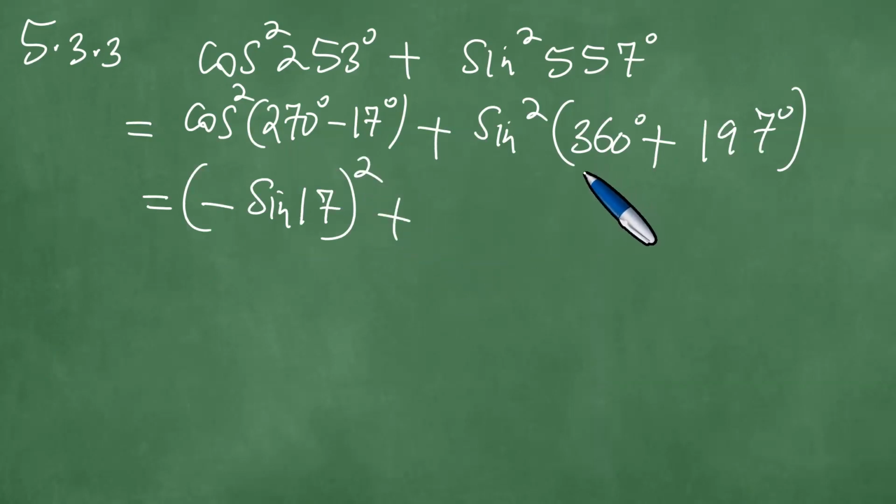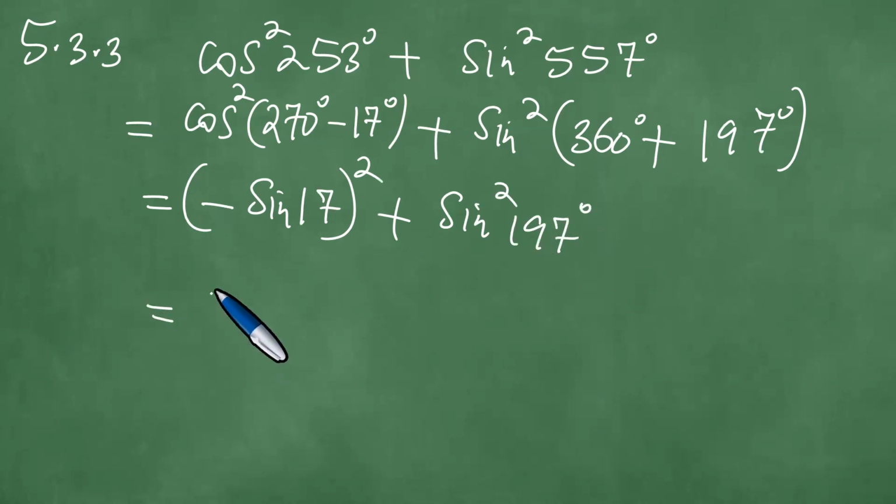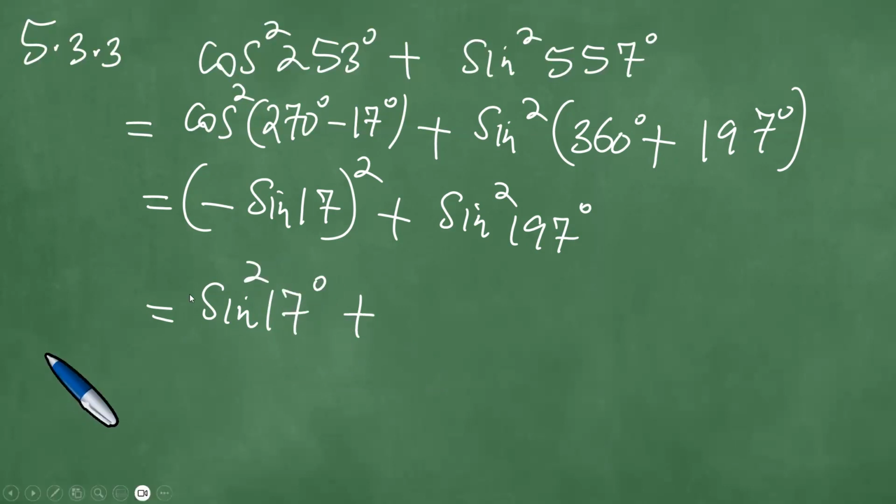Plus 360 plus is in the first quadrant where all the trig functions are positive, and therefore this becomes the sine squared of 197. You square this, which is the sine squared of 17 degrees. And what then do we get out of these here?